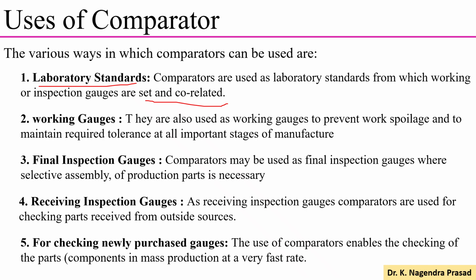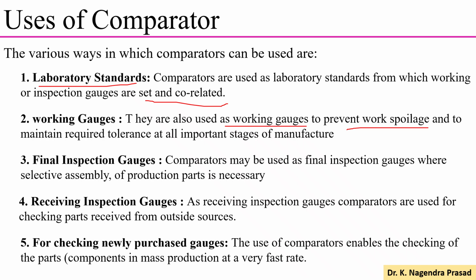Comparators are also used as working gauges to prevent spoilage and to maintain required tolerance at all important stages of manufacture. Third, final inspection gauges. Comparators may be used as final inspection gauges where selective assembly of production parts is necessary.